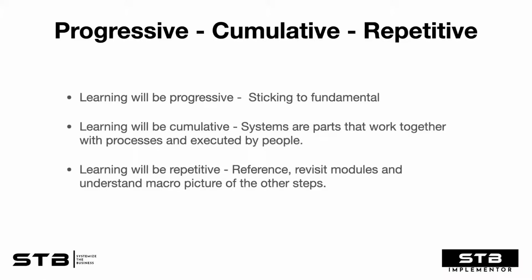So the way I teach is progressive, cumulative, and also repetitive. Learning will be progressive. We're going to stick with the fundamentals, progressing through basics, because I've built this so that even someone who doesn't know business or hasn't done any business can build through the building blocks of the 7-step process.